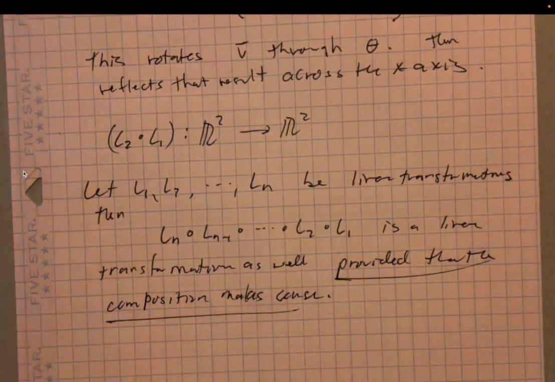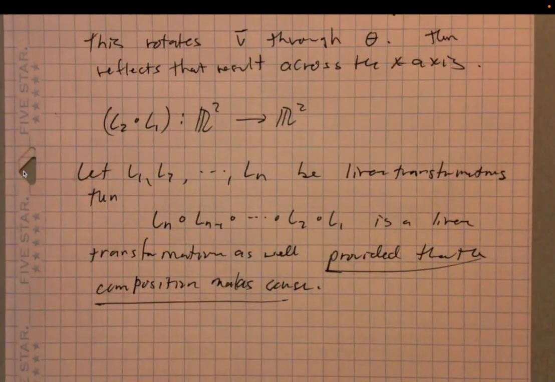Obviously that's important. So we can compose an arbitrary number of linear transformations, provided the composition makes sense. Then the composition is itself a linear transformation. Very nice. That's the kind of behavior you like to see.